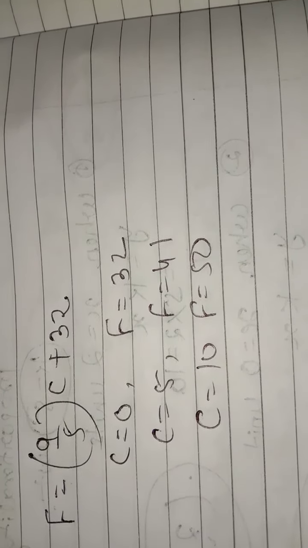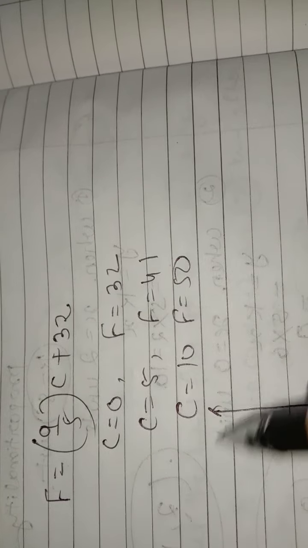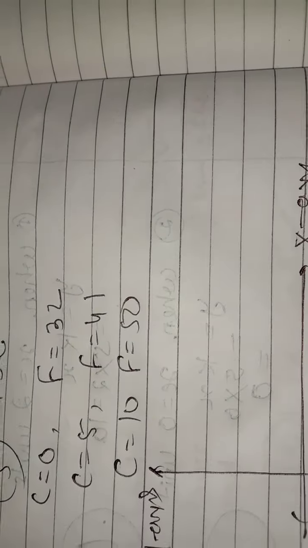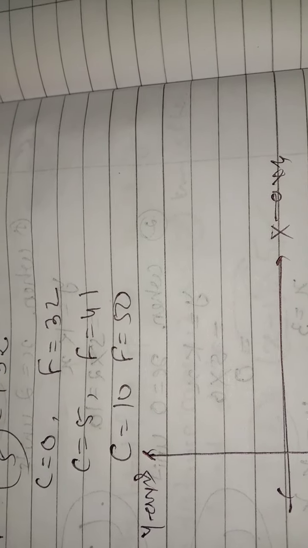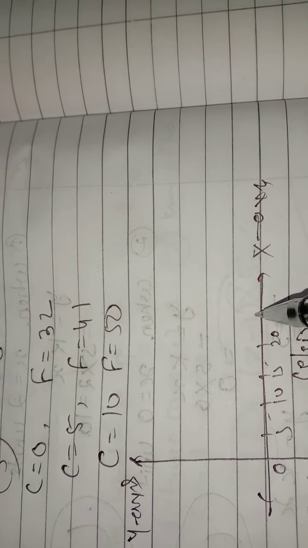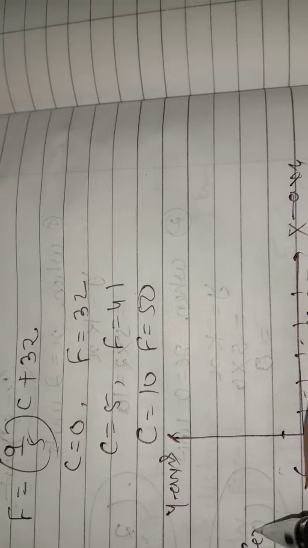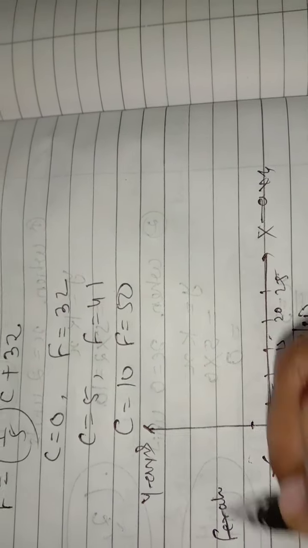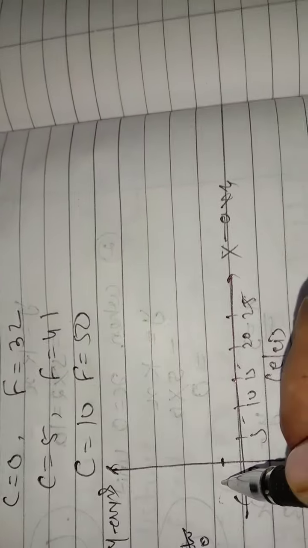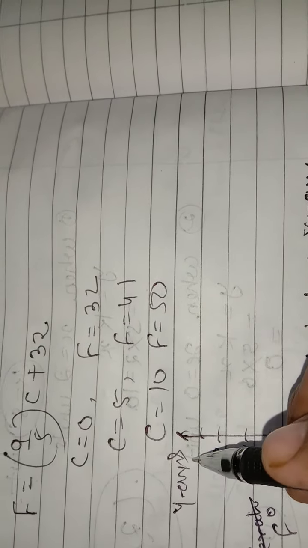On graph paper, you just draw a straight x-axis and a y-axis. On the x-axis you will take Celsius, like 5, 10, 15, 20, 25, and on the y-axis you take Fahrenheit, F, like 10, 20, 30, 40, 50.